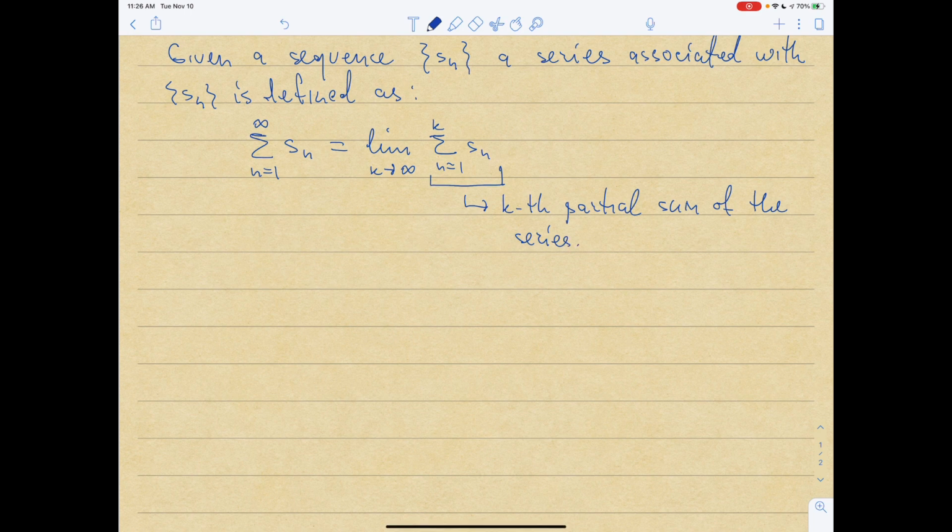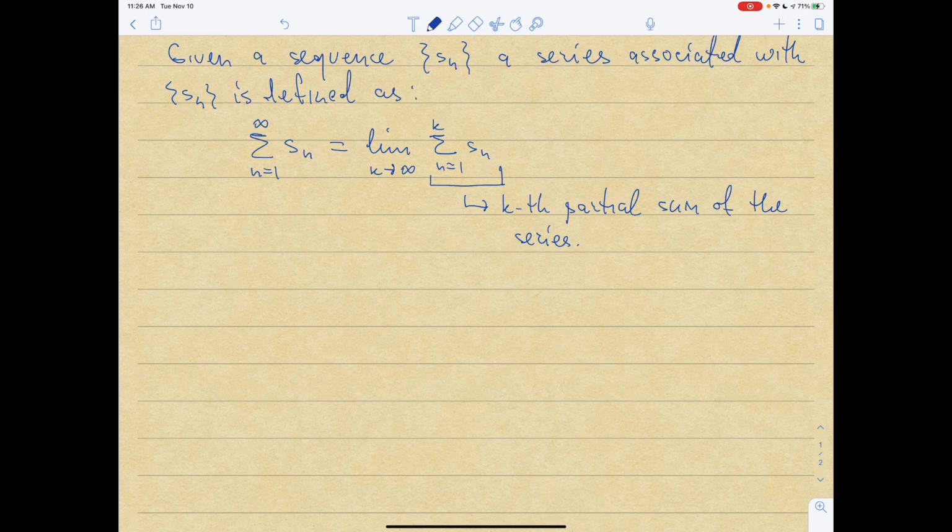The basic idea here is that I want to add infinitely many elements of my sequence, and clearly I'm not going to be able to do it just by continuing to add, because there are infinitely many things to add. So I will never be able to compute this quantity.